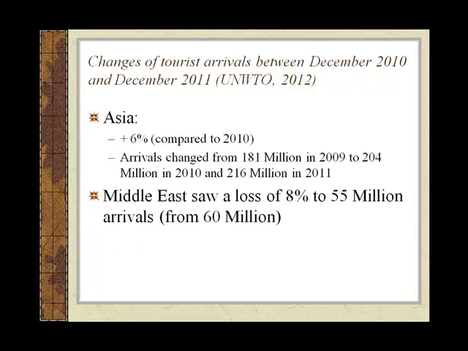Asia, a growth, quite significant changes in arrivals there, and the Middle East saw a loss of 8%, and I think a lot of it has to do with it having lost its attraction. They had a massive crisis in 2009, and so a lot of stuff going on there as well.